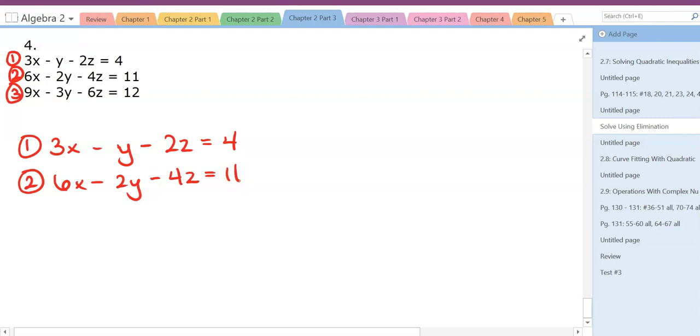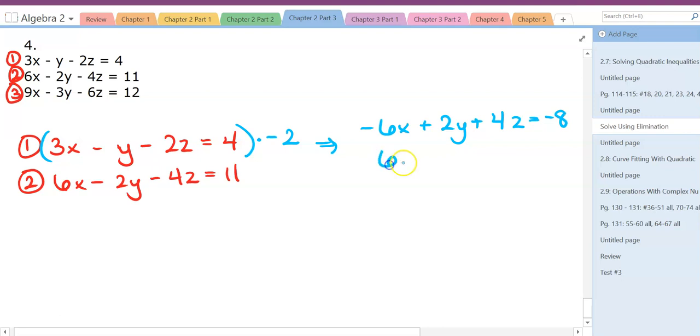If I take the top equation times a -2, trying to get my y's to cancel here, it says negative 6x plus 2y plus 4z equals negative 8. And the bottom equation stays the same.